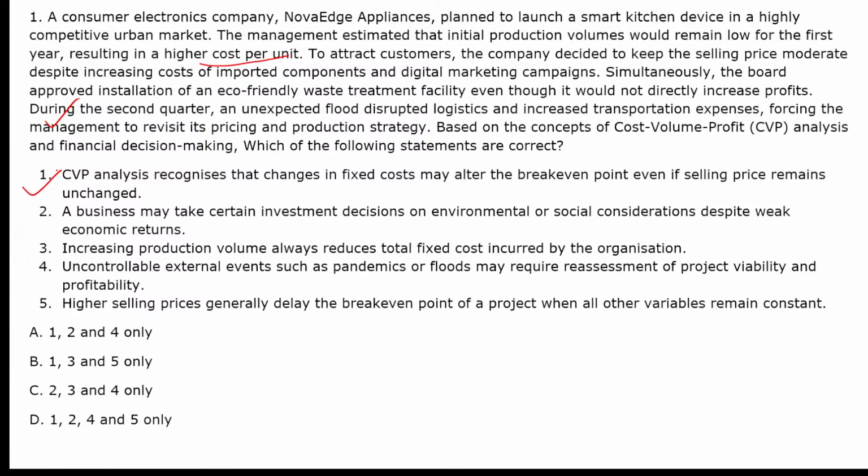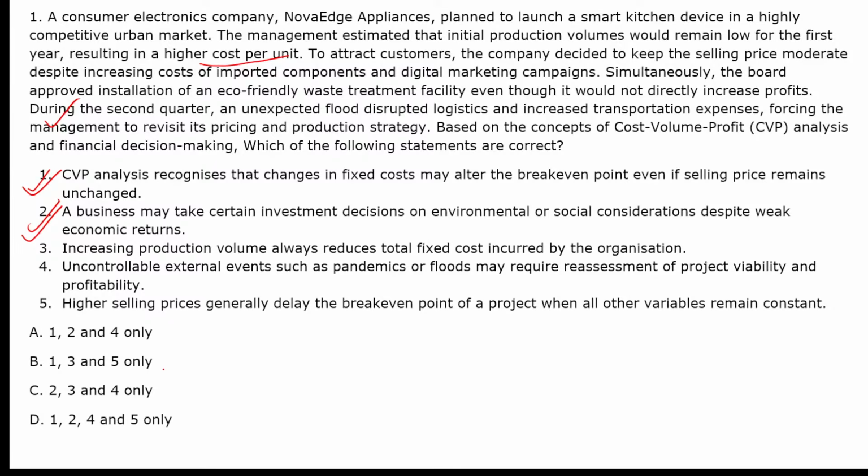A business may take certain investment decisions on environmental or societal consideration despite weak economics. Correct. We do have to do certain things for the society. Next, increasing production volumes always reduces total fixed cost incurred by organization.